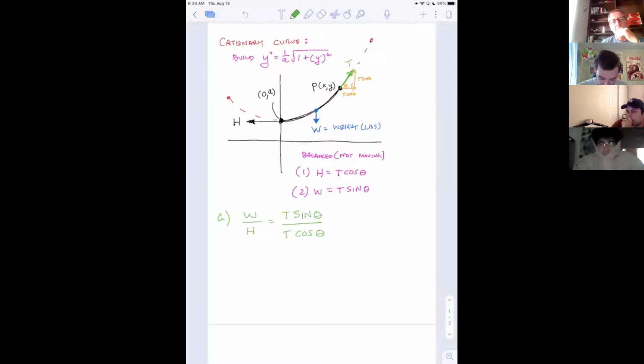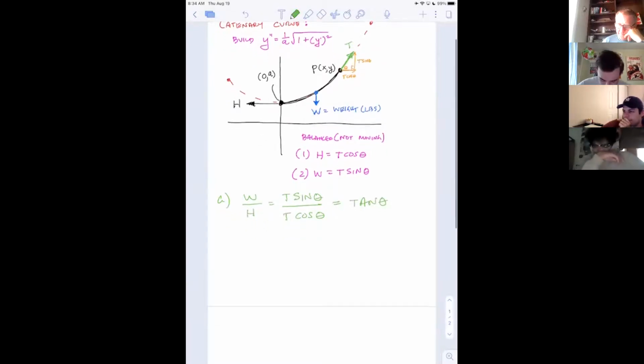The T's cancel. And then what's another way to write sine over cosine? Tangent. So W over H is equal to tangent. That's kind of cool.